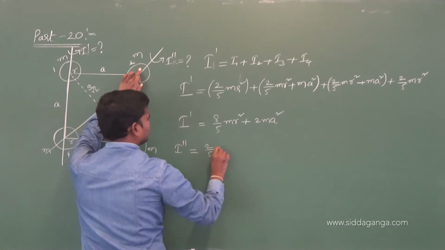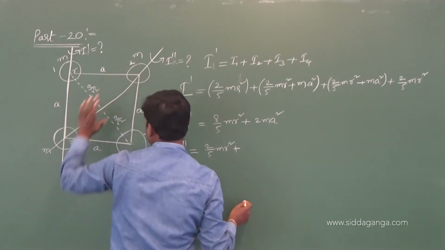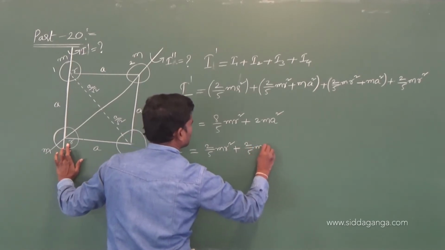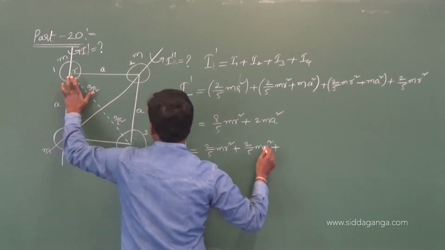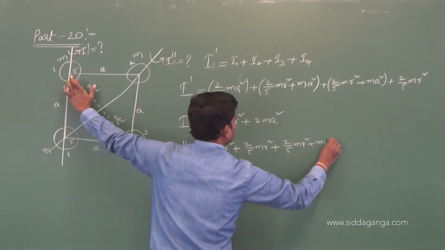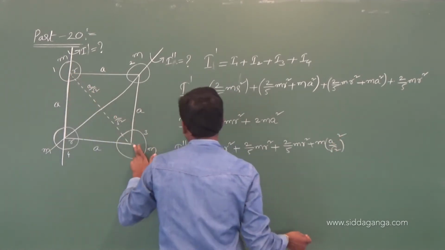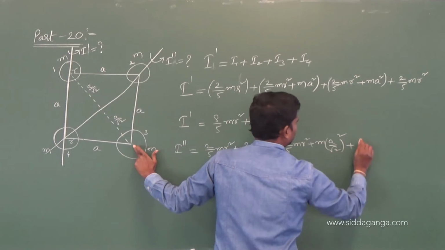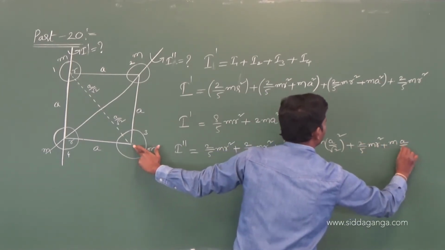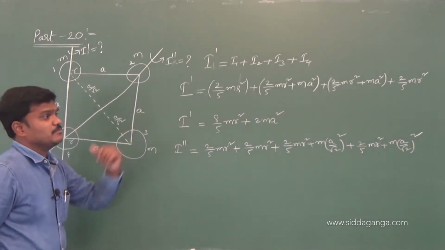About this, 2 by 5 mr square. About this, I am writing directly, 2 by 5 mr square plus m a by root 2 whole square, and about this also the same, 2 by 5 mr square plus m a by root 2 whole square.